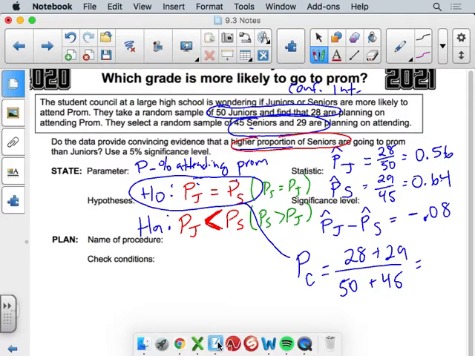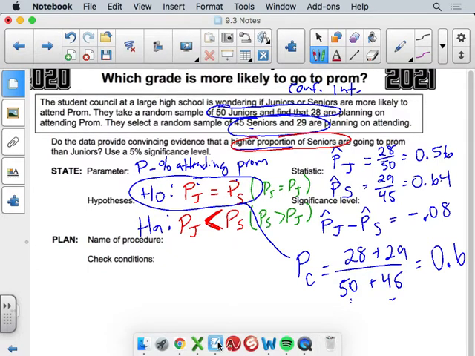So juniors, seniors, junior sample, senior sample. That's what that is. So when I do that, I get 3 over 5, which in decimal form is 0.6.